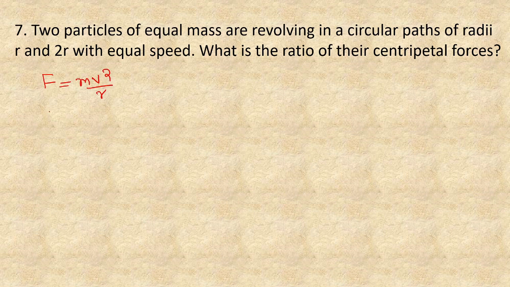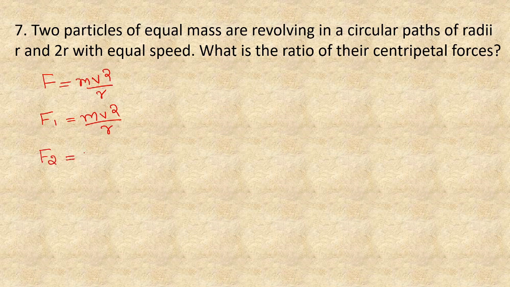Here F1 is equal to, two particles of equal mass, so m is the same and v is the same, mv square by the radius r. Then what is the centripetal force of the second particle?